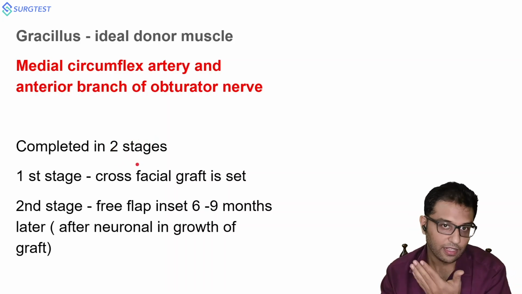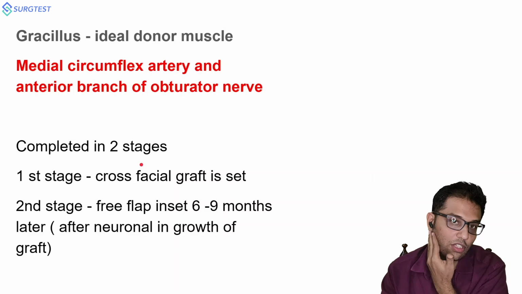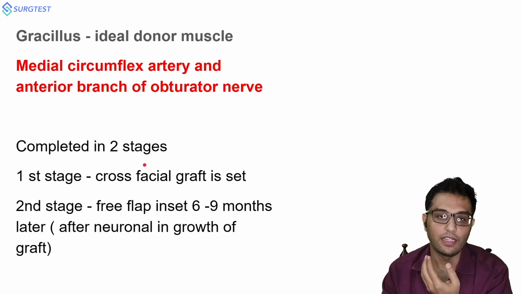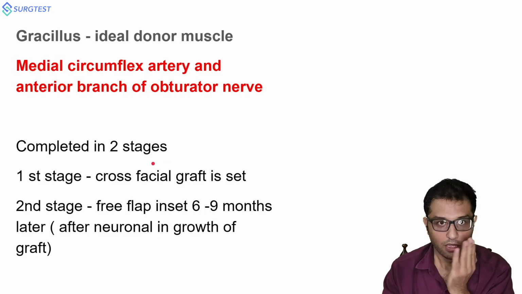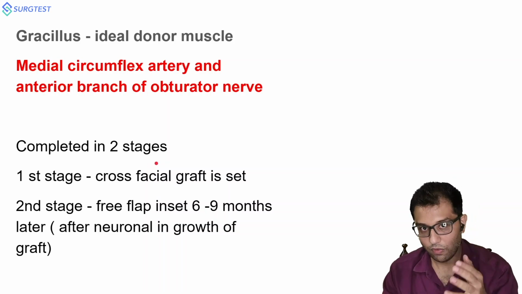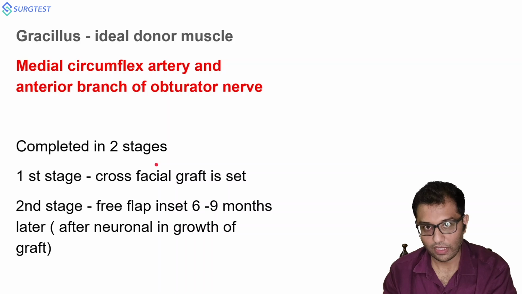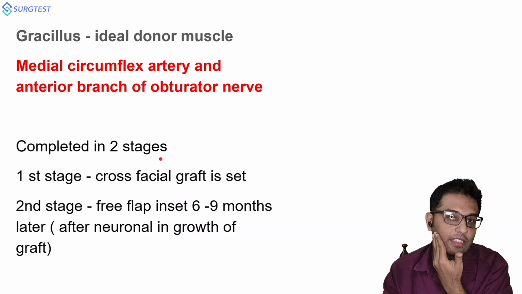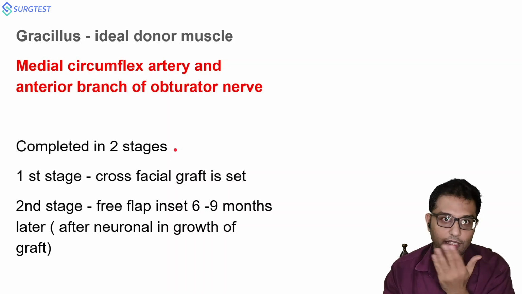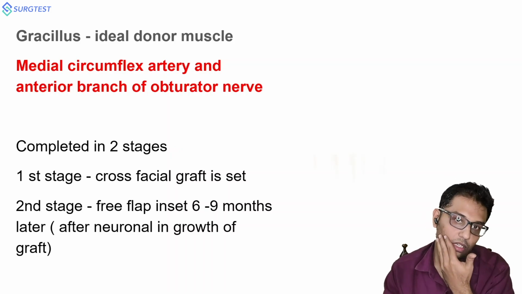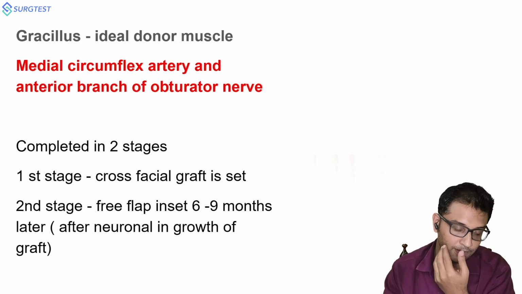In the first stage, we take a cross facial nerve graft. Suppose this side muscle is paralyzed. We take sural nerve grafts and insert those grafts on the normal side. This side is paralyzed, so we are inserting the sural nerve grafts on this side.